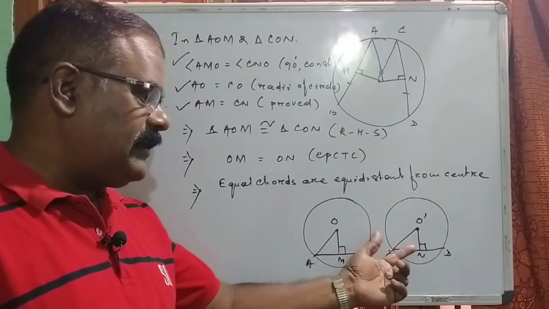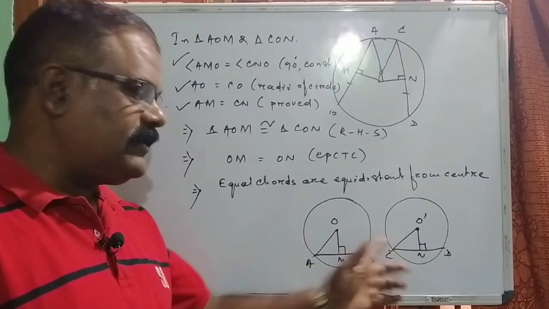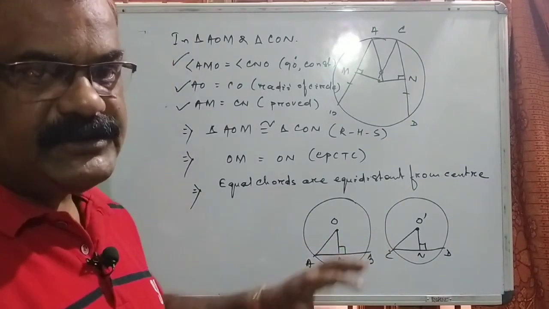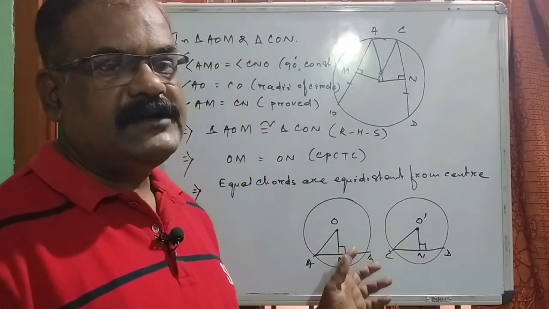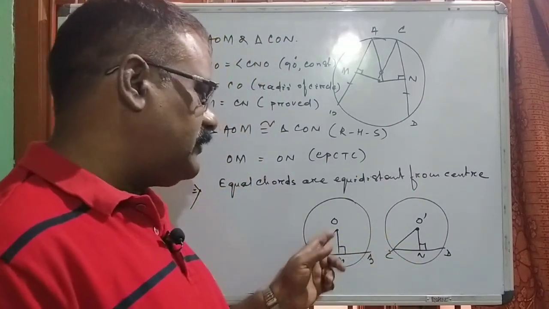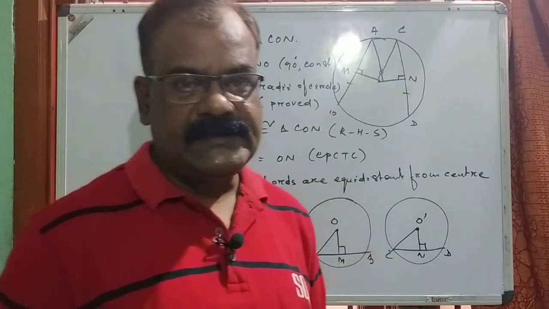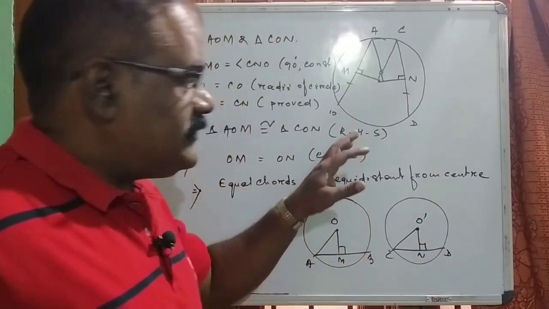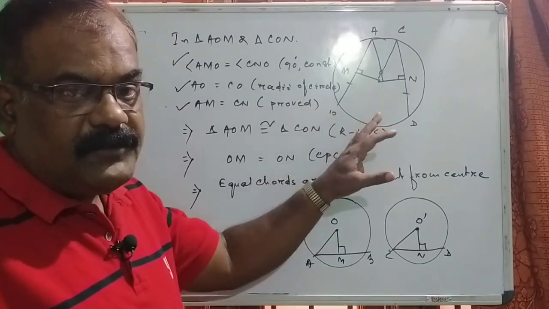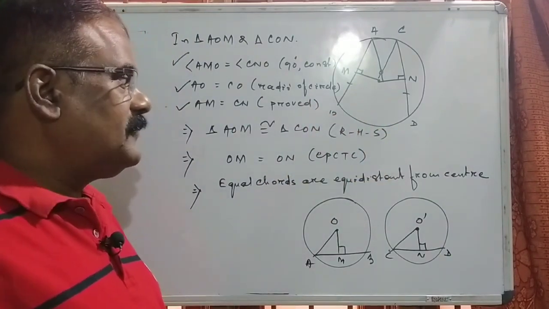This is perpendicular, 90 degrees, and these two are the radii, both equal because these are congruent circles. So these two triangles are congruent, or in other words OM is equal to O dash N. Now this is your third theorem based on the chord properties of the circle.